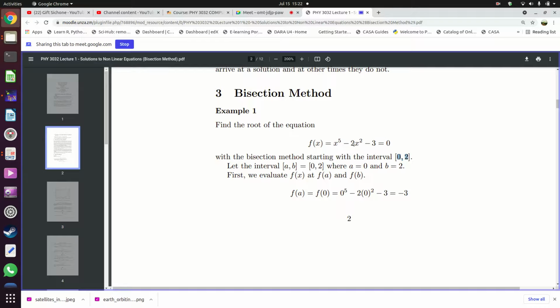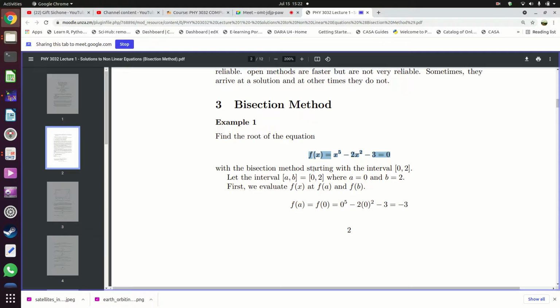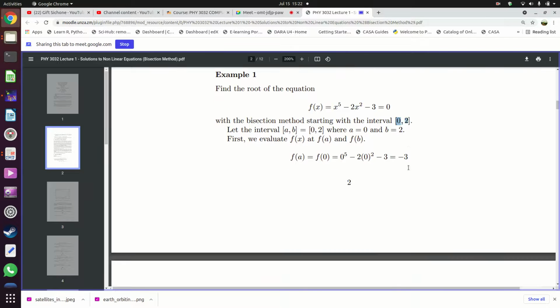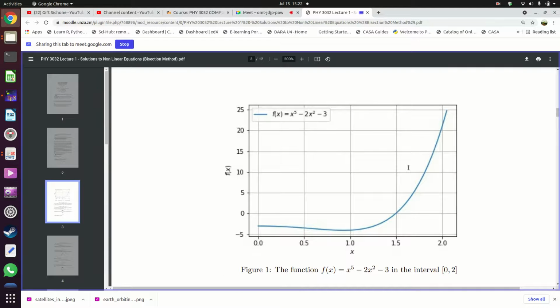Now, with what we have done with matplotlib and how to plot graphs like that, we can actually have a look at what this particular function looks like in the interval [0, 2]. When you do that, basically this is what you have. This is the function you're looking at: f(x) = x^5 - 2x^2 - 3.